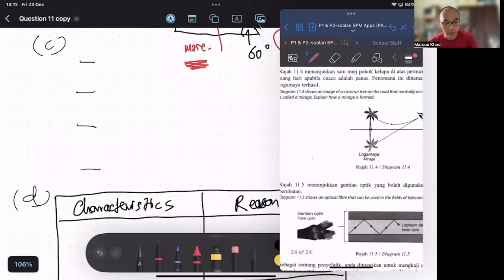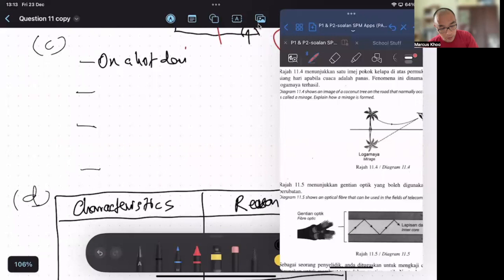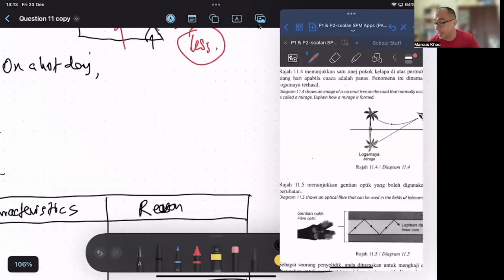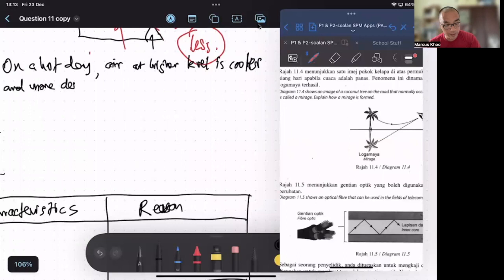Okay, so number one, you know what, I need to rub this off. Okay, number one, on a hot day, it has to be on a hot day. Okay, the air at higher levels of the sky is cooler and more dense.